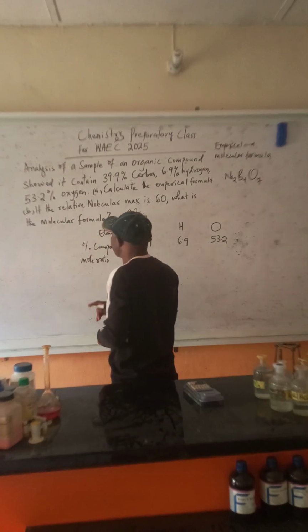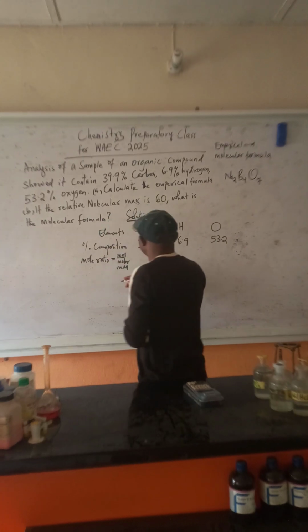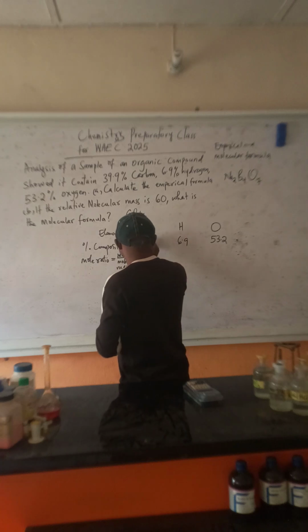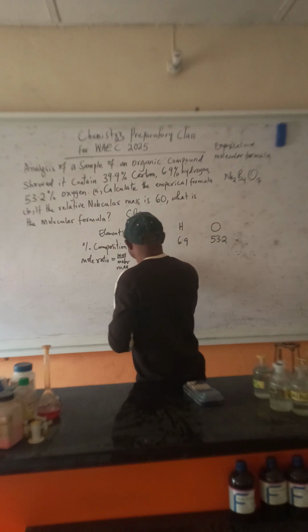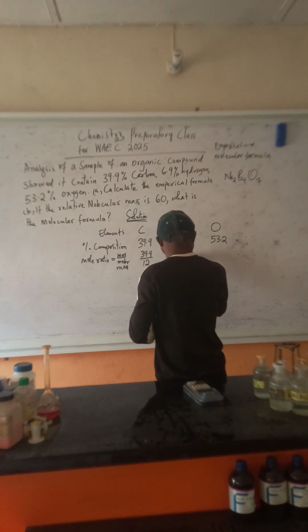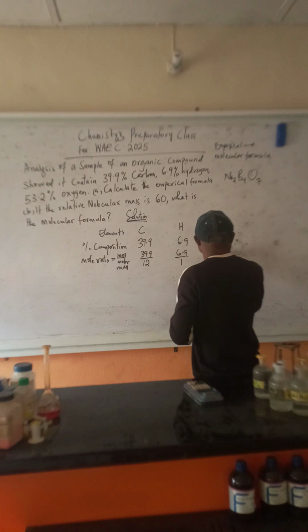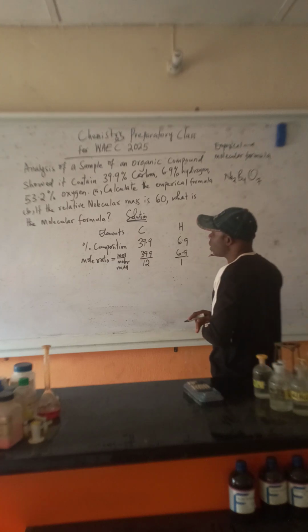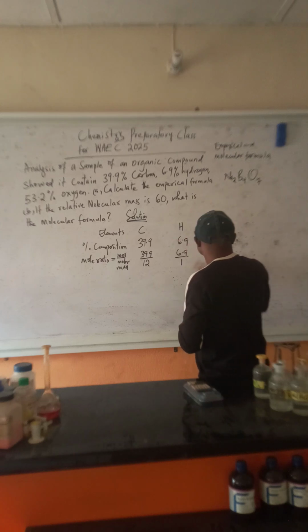Recall that mole equals mass all over molar mass. Now, the percentage is given: 39.9 over the molar mass of carbon, which is 12. Then 6.9 over the molar mass of hydrogen, which is 1, and oxygen will have 53.2 over the relative atomic mass of oxygen, which is 16.